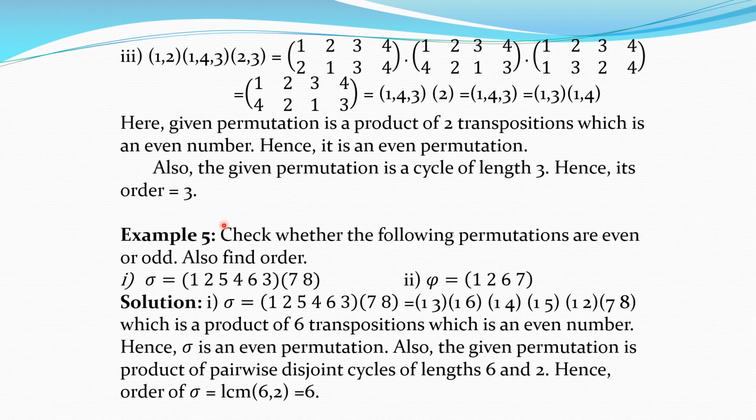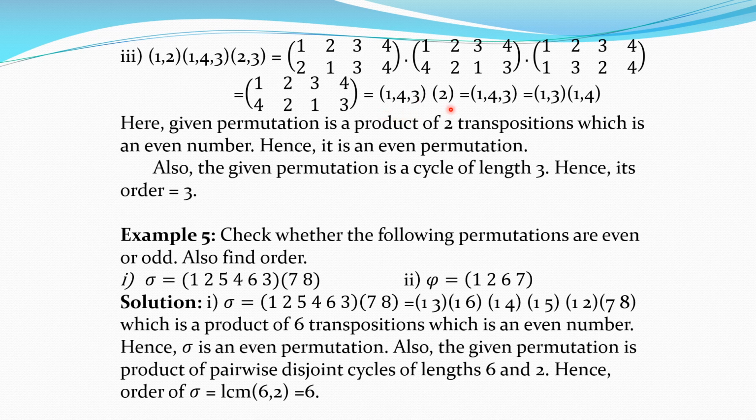Now the third one, again it is written as a product of some cycles, but not in disjoint cycle form. The maximum element is 4, so each is a permutation on 4 symbols. First we write each cycle in array form, then taking the product or composition we get this single permutation in array form. Then we have expressed it in cycle form, which is a cycle of length 3.